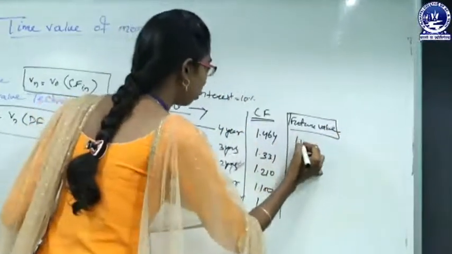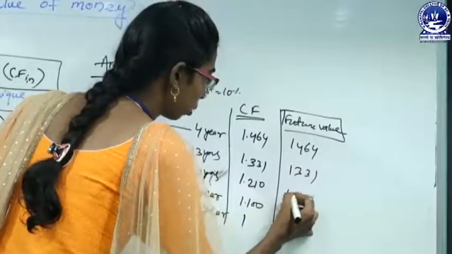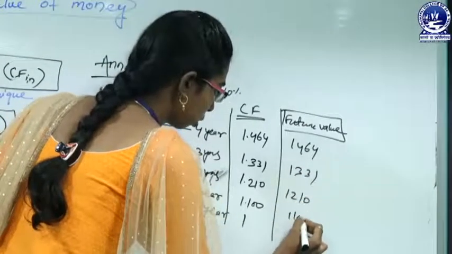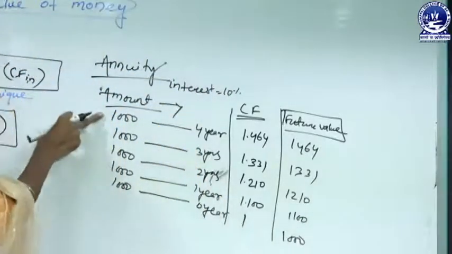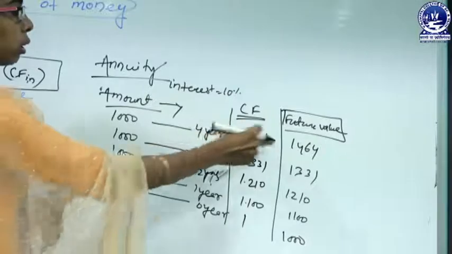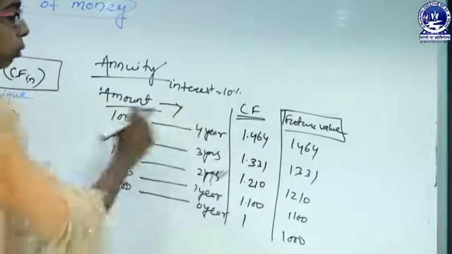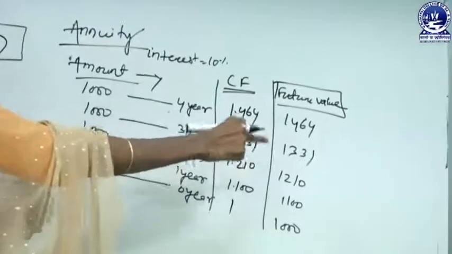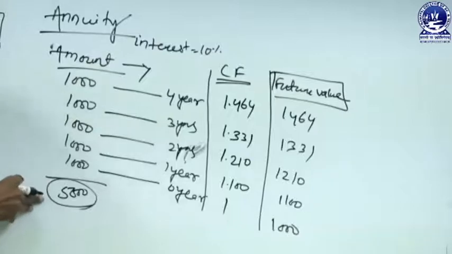This is going to be 1464, this is 1331, and this is 1000. Means this 1000 after 4 years is going to be equivalent to 1464. This 1000 is going to be turned into 1331, and likewise that I am paying 5000.